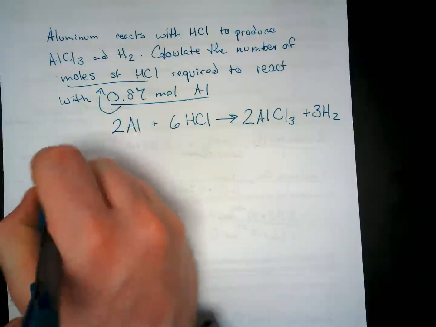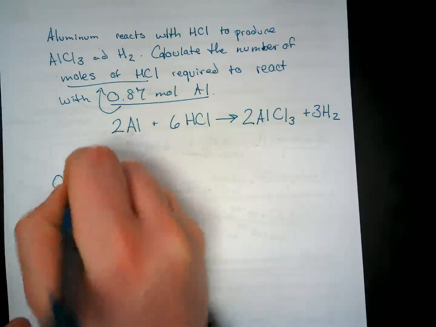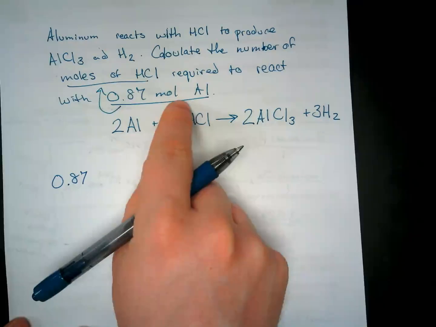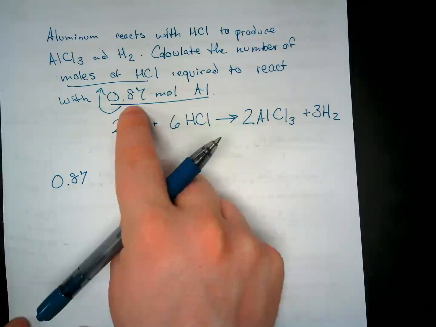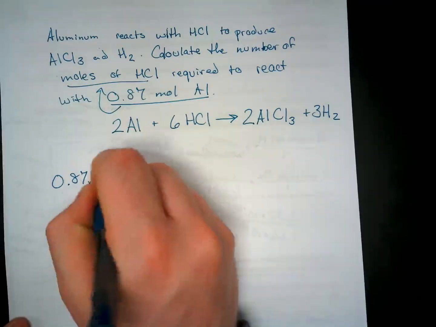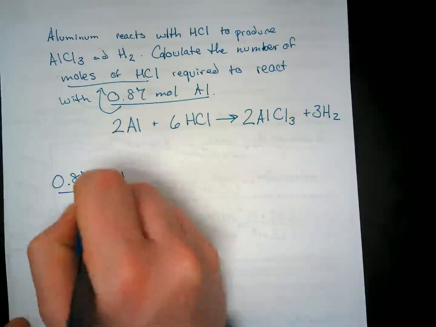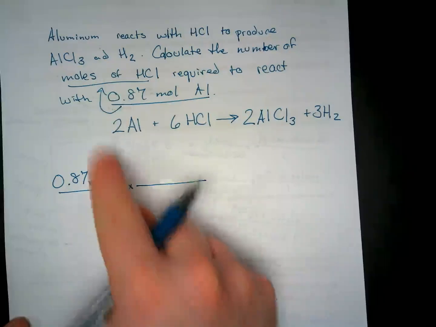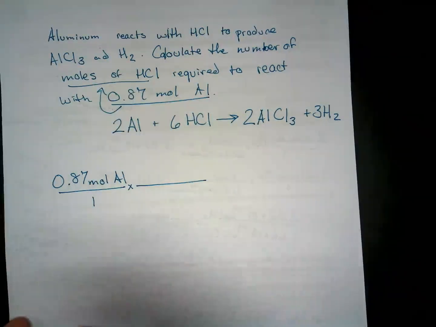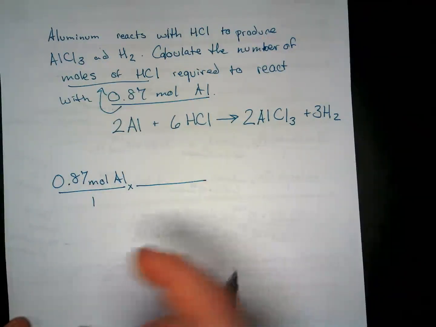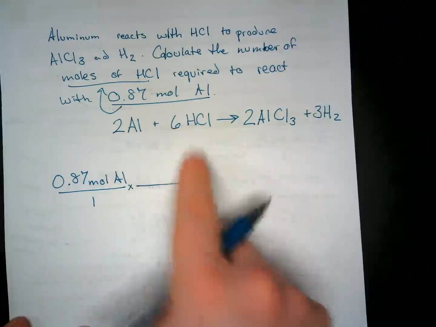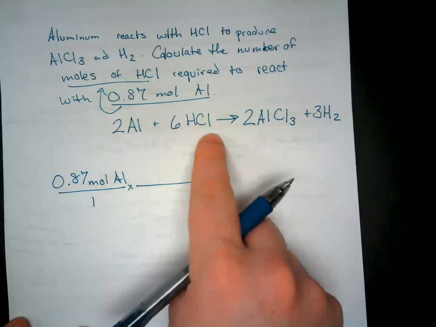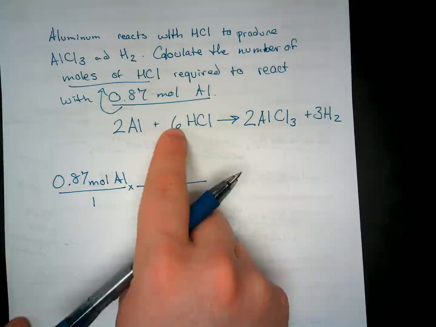Now to do this, again, start off by writing out our given material, our given measurement, which is 0.87 moles of aluminum over 1. And we're going to convert moles of aluminum to moles of hydrochloric acid. To do that, we have to use the molar ratio of these guys, using these coefficients.